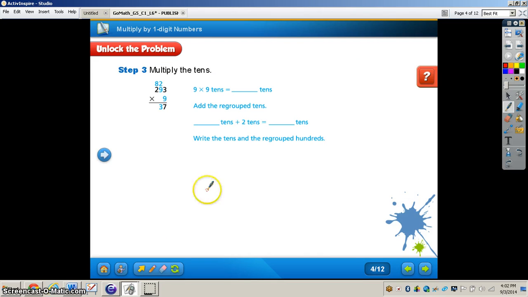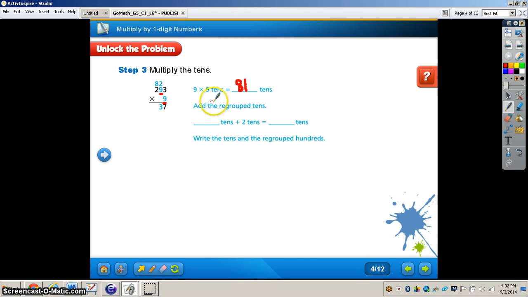Okay, now let's go to step 3. And now what we have is we are multiplying 9 times 9 here, which is actually 9 tens, or we're multiplying 9 times 90. Okay, so we have 9 times 9 tens is going to give us 81 tens. Okay, so it's going to give us 81, or think about it, 81 tens is actually 810.